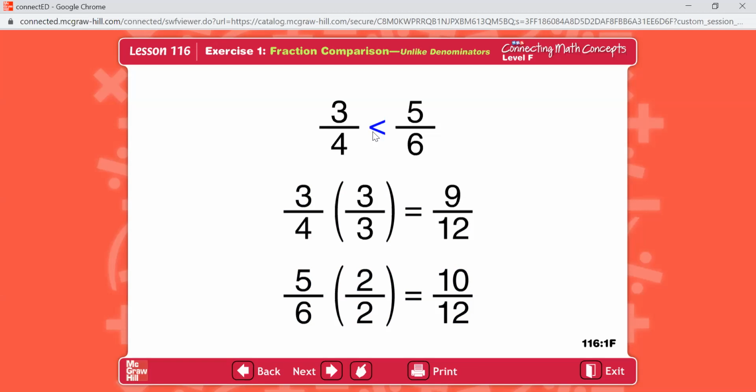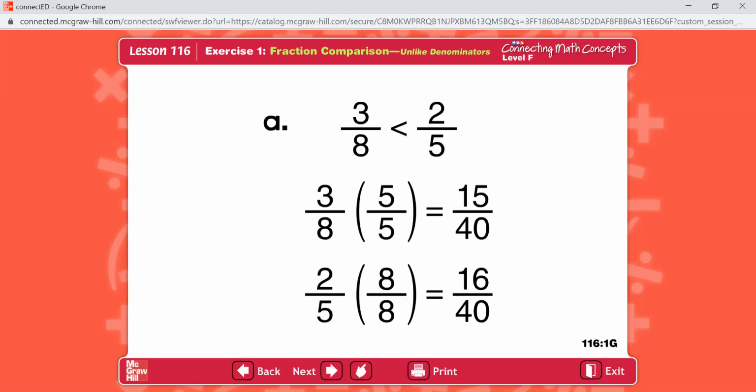Now rewrite both fractions, then complete the original statement. Pause the video now to show your work. Here's what you should have. 3/8 turns into 15/40 because you multiply it by 5 over 5, because 8 times 5 equals 40.